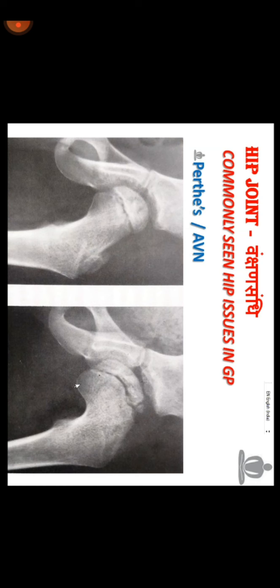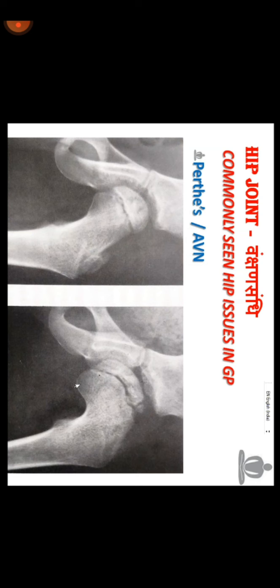Child presents with pain in hip, often radiating to the knee. So remember, in shoulder pathology, pain radiates up to the elbow. If pain is radiating to forearm or the fingers of the hand, then it is the pathology related to cervical spine, that is known as cervical disc syndrome.